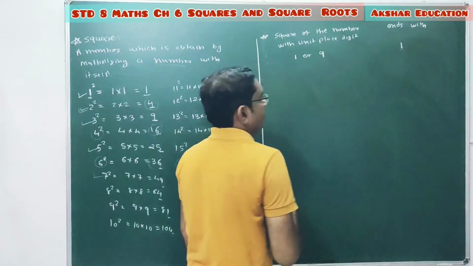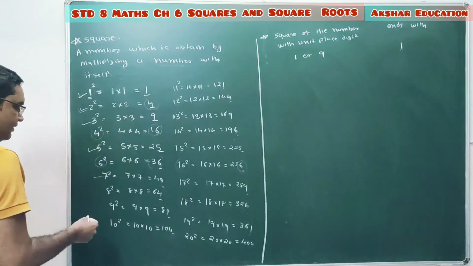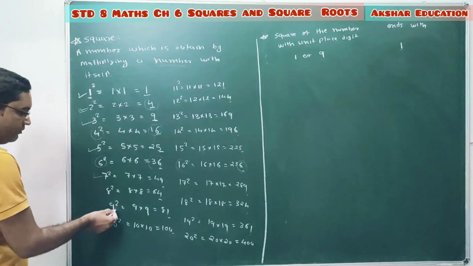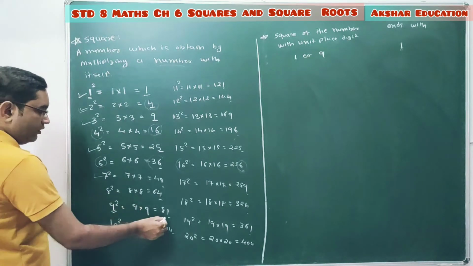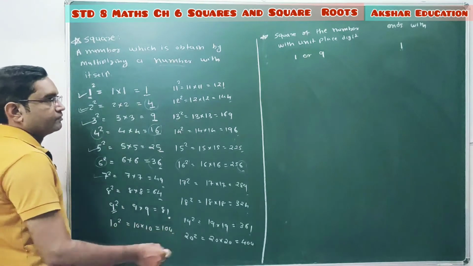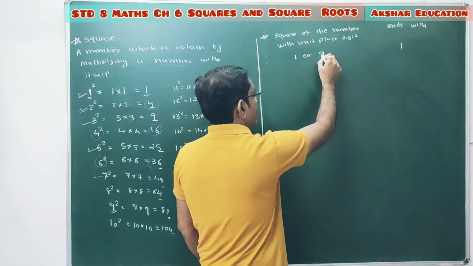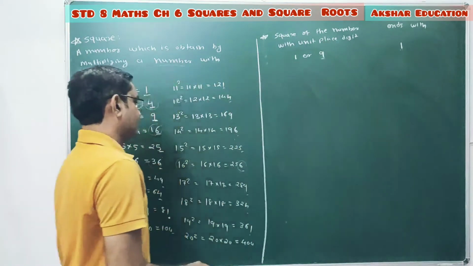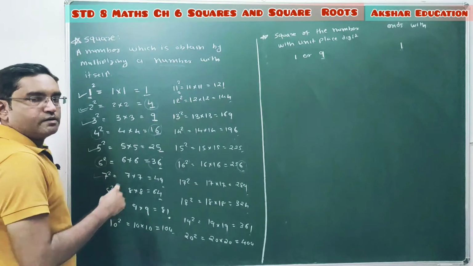This is the unit place digit of the perfect square number. For example 9 is there. If the square of the number has unit place digit 9, then the square of that number ends with 1. Unit place digit 9. If we take the square of this number 9, we are getting 81, in which the unit place digit is 1. For example 11. Here the unit place digit is 1.